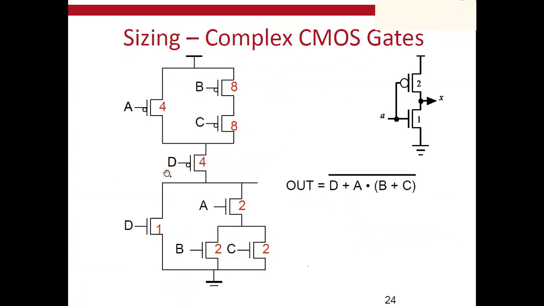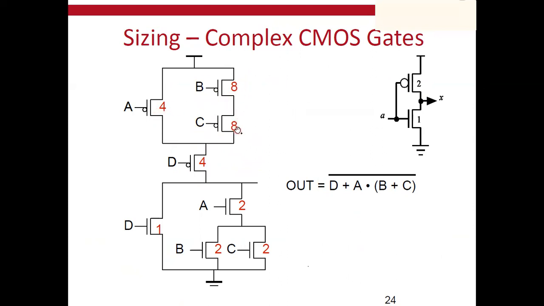So let's do it here, for example. Again, very easy. Now, your path can be in this direction. So in this path, this will be 4, and this will be another 4. So 1 over 4 plus 1 over 4 gives you half, which is 2 here. But if you go to this path, these two transistors in series should be equivalent to this one.